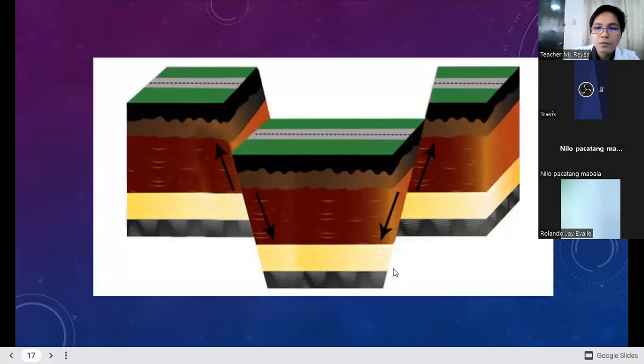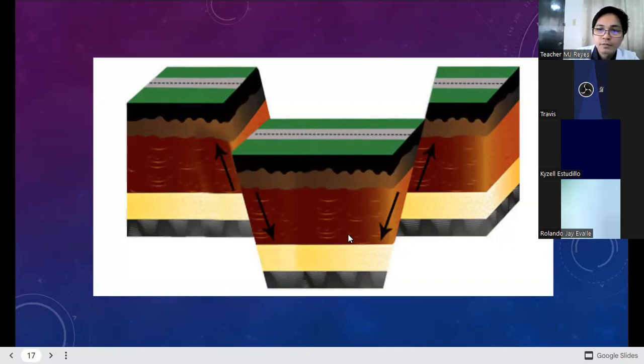Okay, so we have what? We have horst fault. What can you observe there? What happened to the land surfaces there? The middle sank. Was it a normal fault or reverse fault?